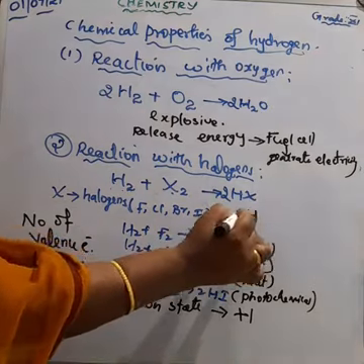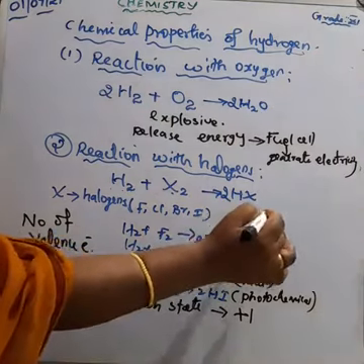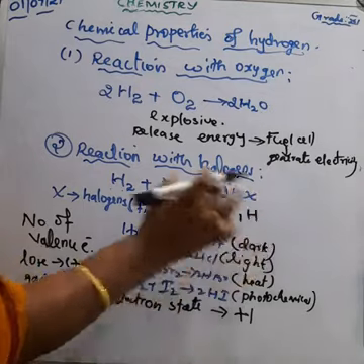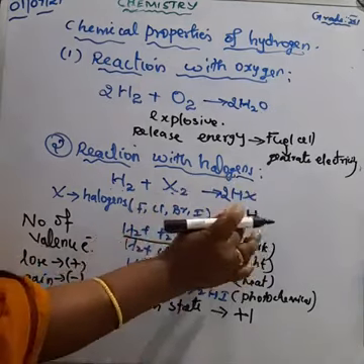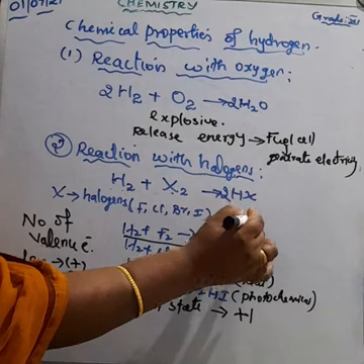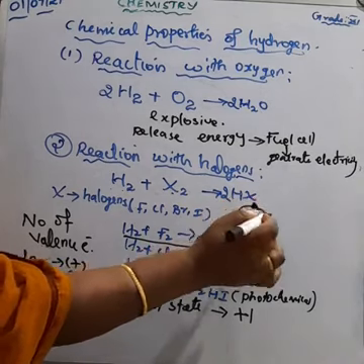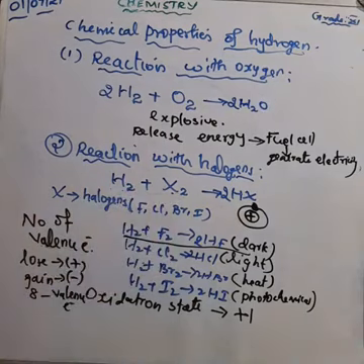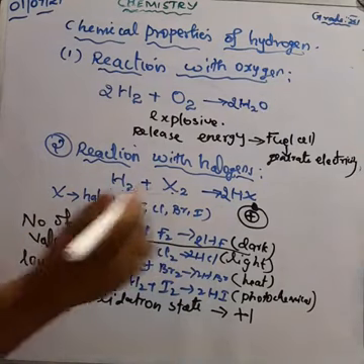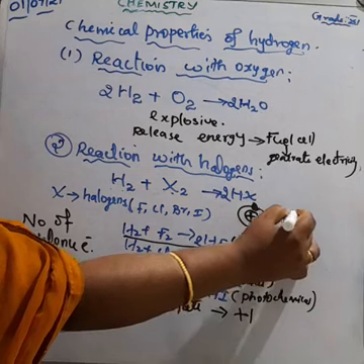When hydrogen combines with fluorine, I am taking one example. Hydrogen has only one electron. What is the atomic number of fluorine? 9. The first shell has 2 electrons, the second shell 7 electrons.